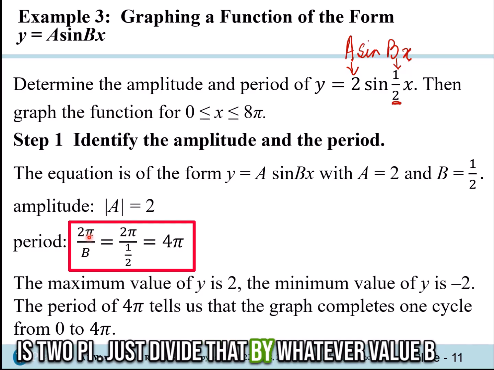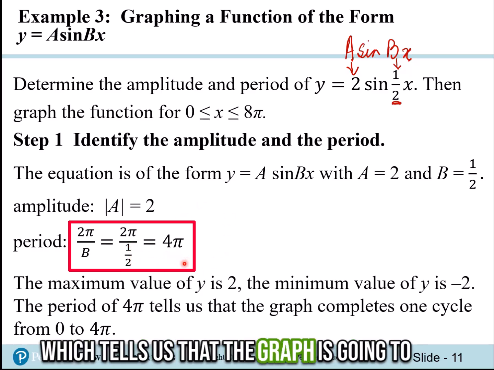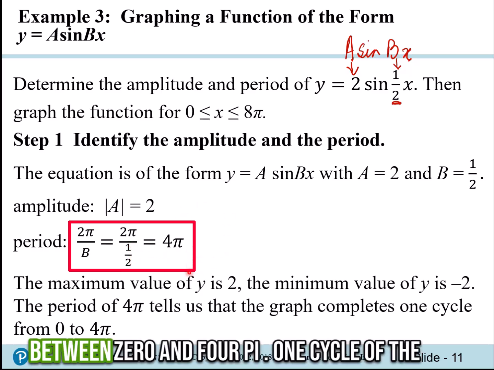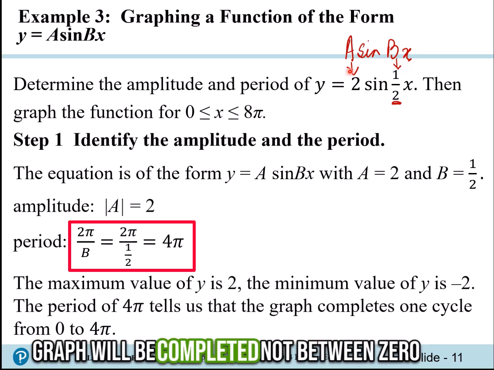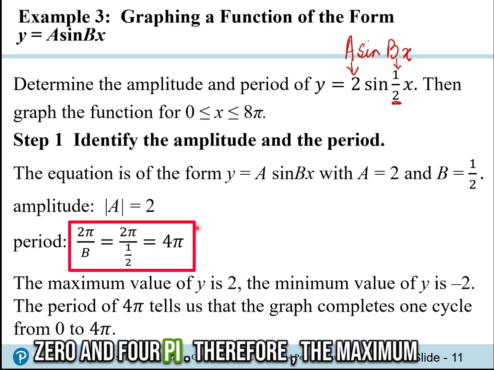Just divide that by whatever value b has. 2 pi divided by 1/2 is 4 pi, which tells us that the graph is going to extend between 0 and 4 pi. One cycle of the graph will be completed not between 0 and 2 pi, but this time it will be between 0 and 4 pi.